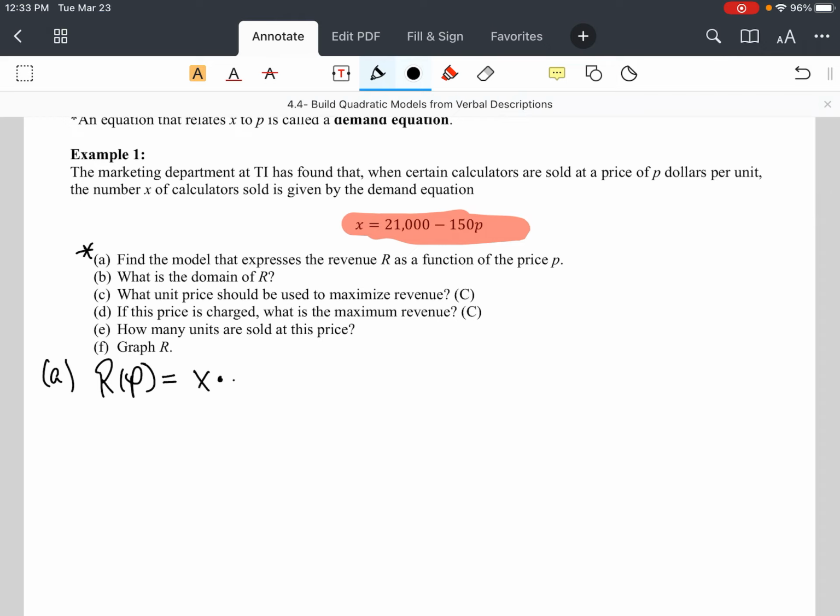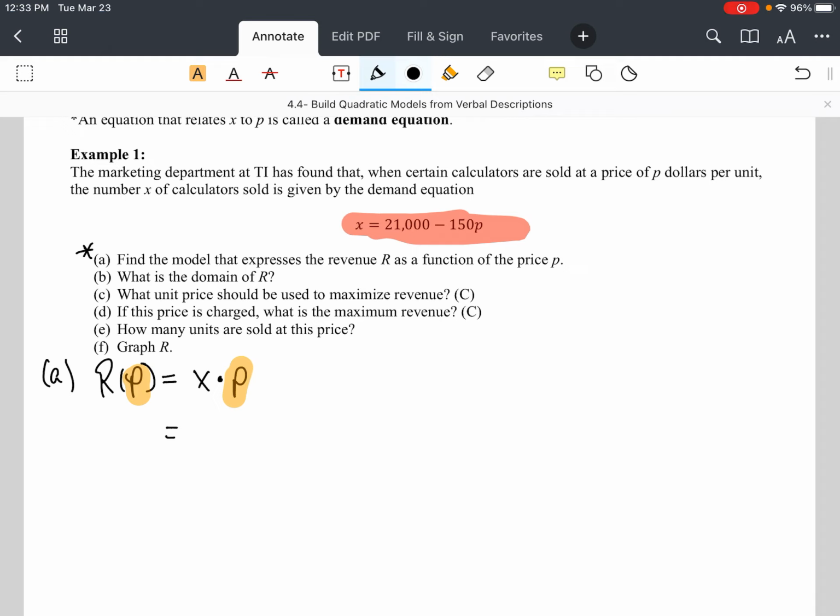So we have that the revenue of P is equal to X times P. Now we want our revenue to be a function of its price, right? So P should be the only variable that we have on the right-hand side of this equation. So we need to adjust something.